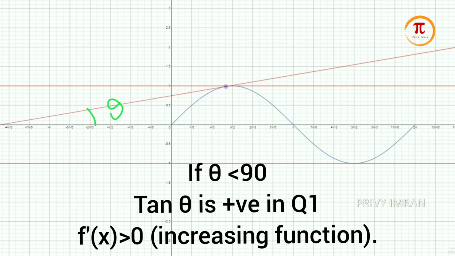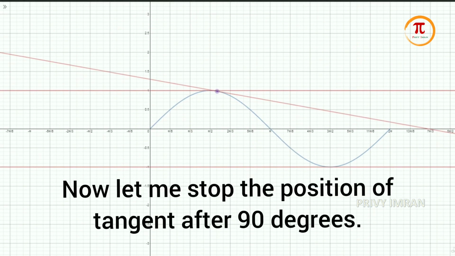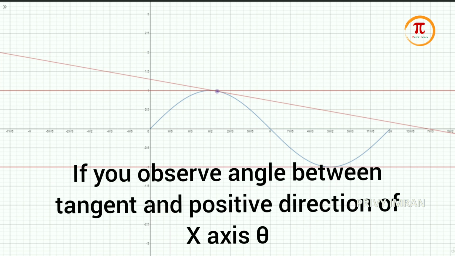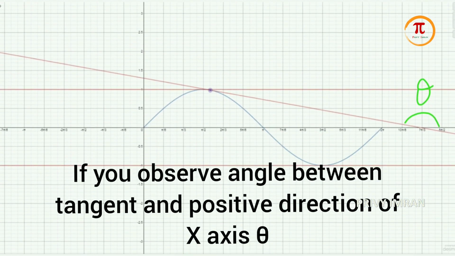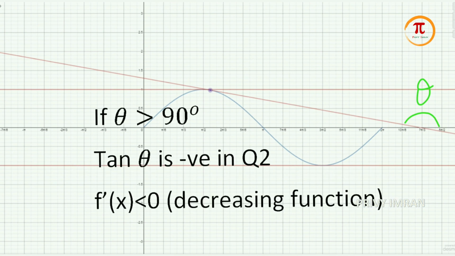Hence, we can conclude that f dash of x is greater than 0. Now let me observe the position of the tangent after 90 degrees. If you observe the angle between the tangent and the positive direction of x-axis, theta is greater than 90 degrees. If theta is greater than 90 degrees, hence tan theta is negative in second quadrant. Therefore, f dash of x is less than 0.